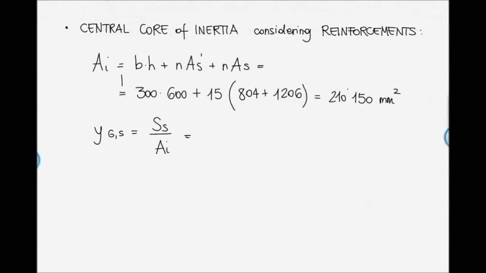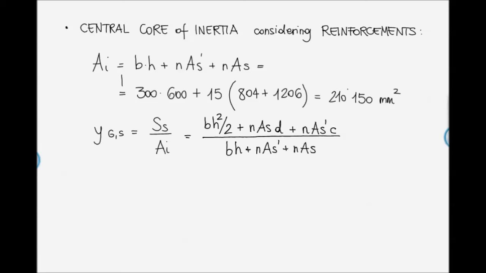So we can write B H squared over 2 plus N AS by D, which is the distance of the tensile reinforcement from the superior fiber, plus N AS prime C, that is the concrete cover, over the homogenized cross-section area, which is BH plus N AS prime plus N AS, as before.